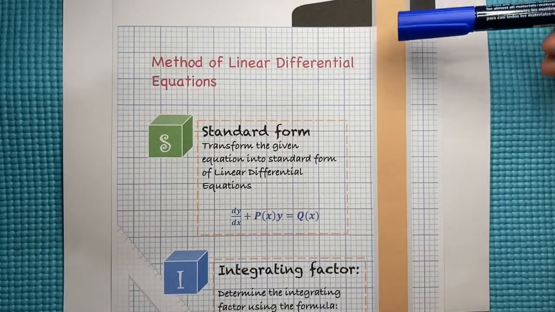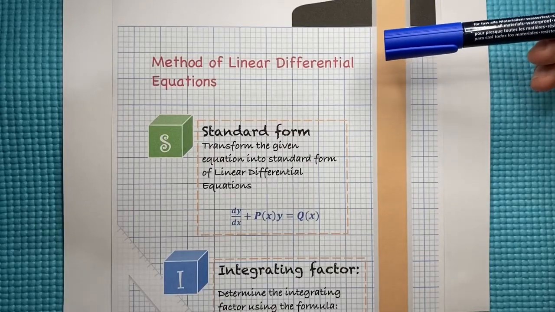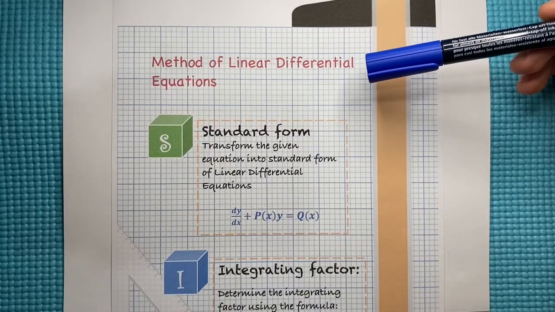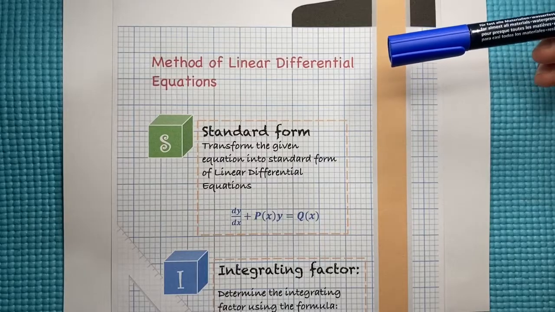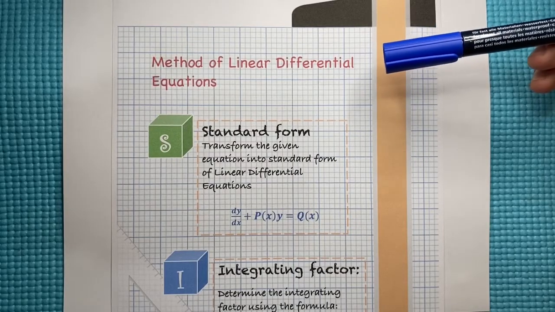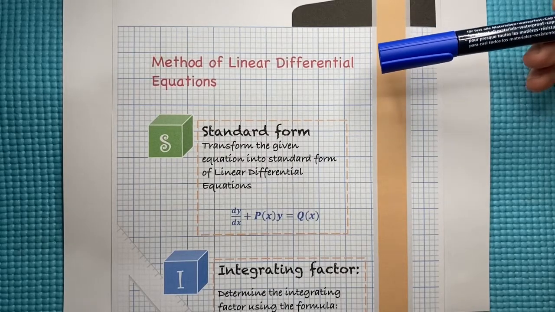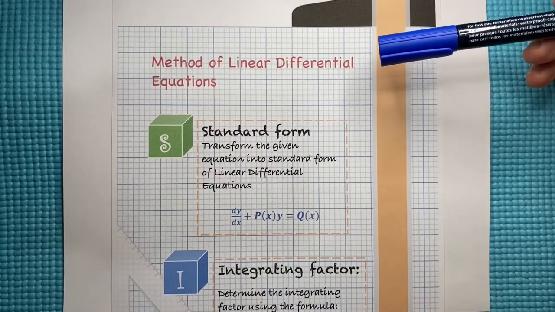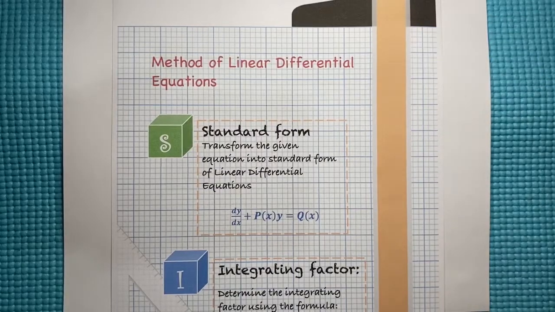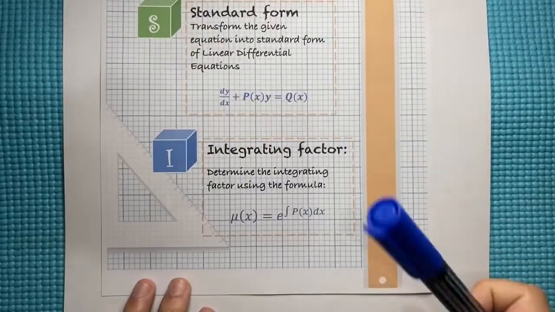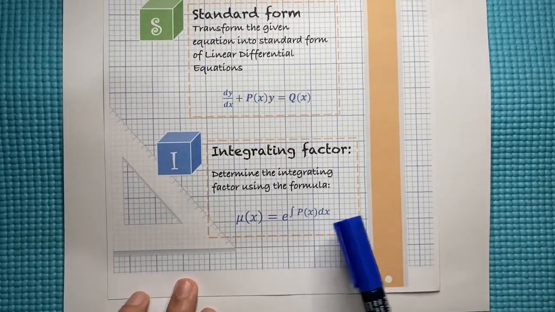Once we are able to transform it to the standard form, note that linear differential equations are a type of non-exact differential equation, and thus we are going to find the integrating factor. In this case, we can right away determine the integrating factor to be mu of x, equal to e raised to the integral of p of x dx.